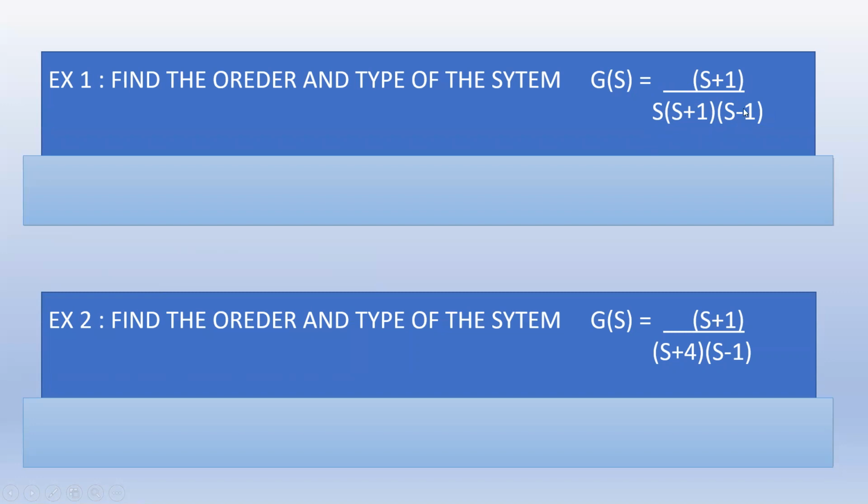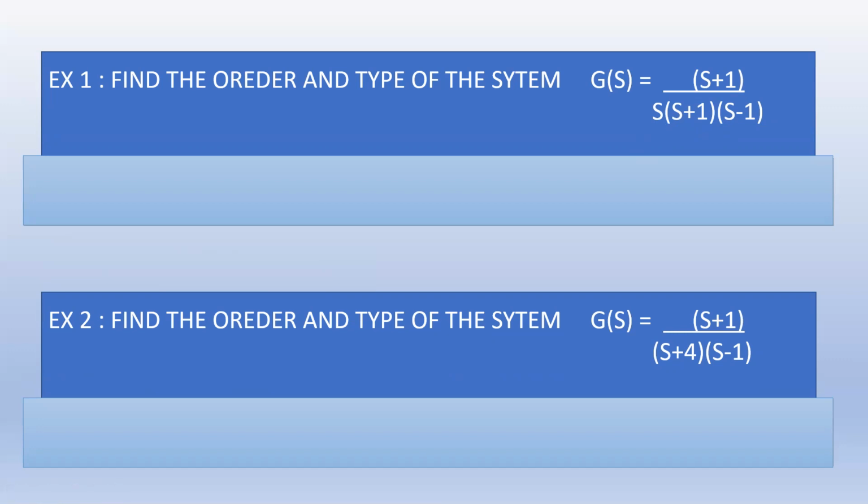If you are thinking that this is a type 1 system because it has a pole at s equal to 0, then you are correct. And if you are thinking that this is a third order system because the highest power of the characteristic polynomial is 3, then you are wrong. Why? Because the poles and zeros cancel out.